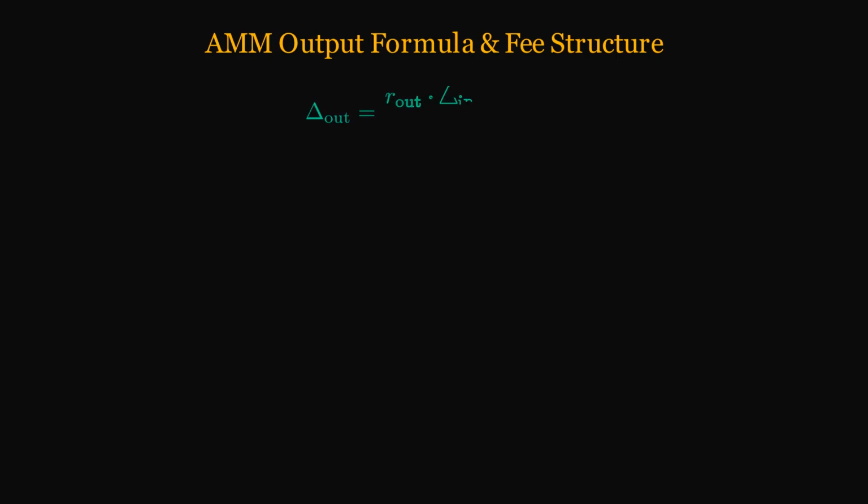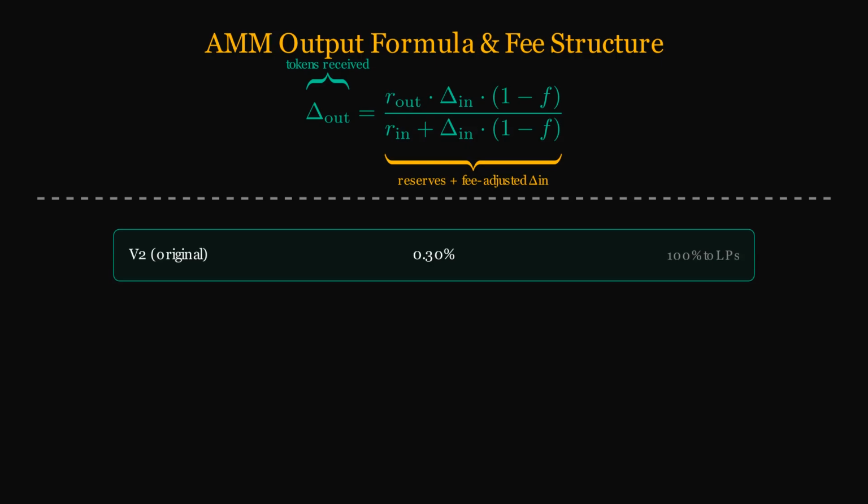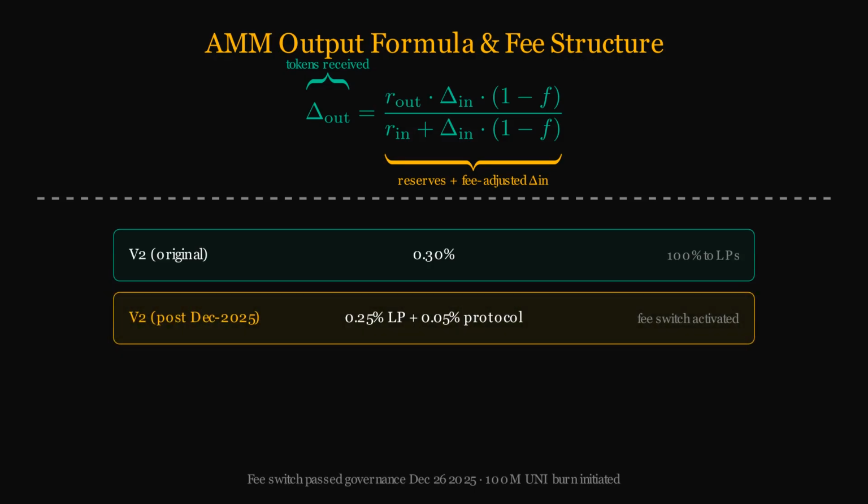The general AMM output formula: delta out equals reserve out times delta in times 1 minus fee, all divided by reserve in plus delta in times 1 minus fee. The fee F is deducted from the amount in before computation. In V2 originally, the fee was 0.3%, 100% going to liquidity providers. In December 2025, Uniswap governance passed the fee switch.